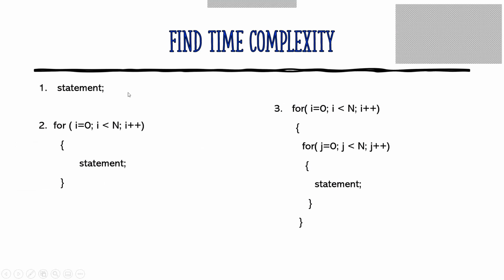There are almost 5 general rules. If I show you, it will be very easy for you to calculate. You need not think about the number of operations in a statement and all.